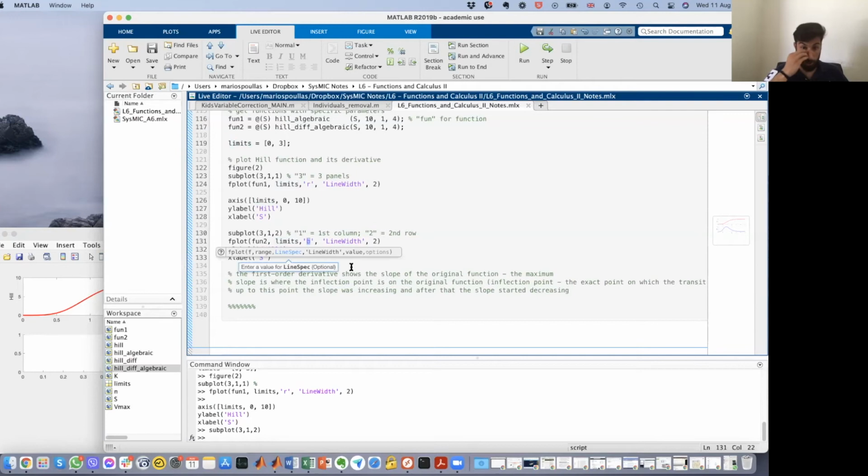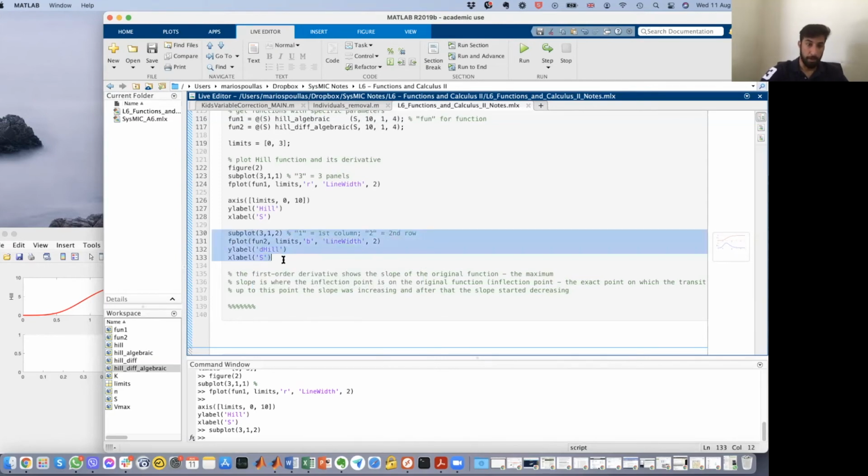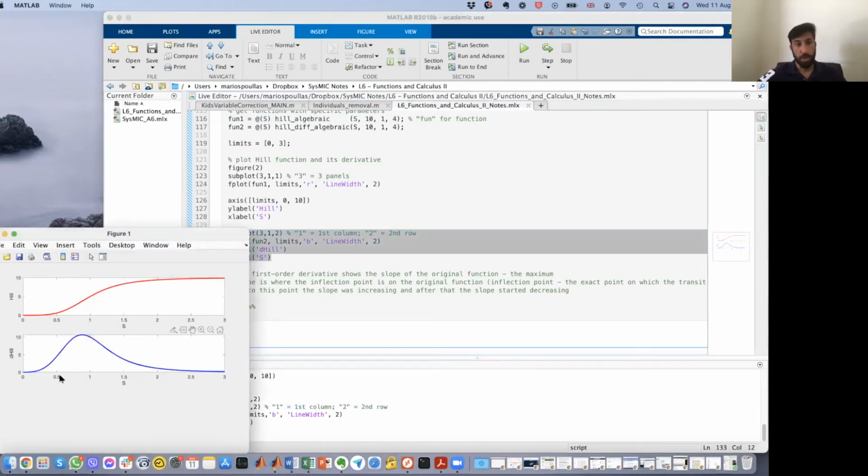I'm just changing the color into blue, naming the x-axis as substrate, and the y-axis as D Hill, which stands for the first order derivative of the Hill equation. Let's plot this as well, and this is how it looks.